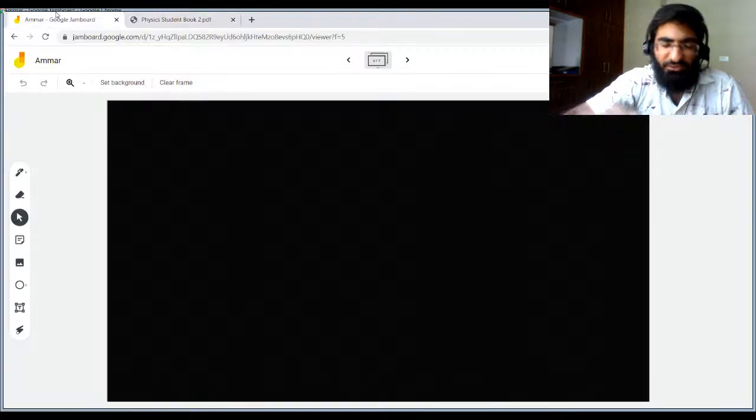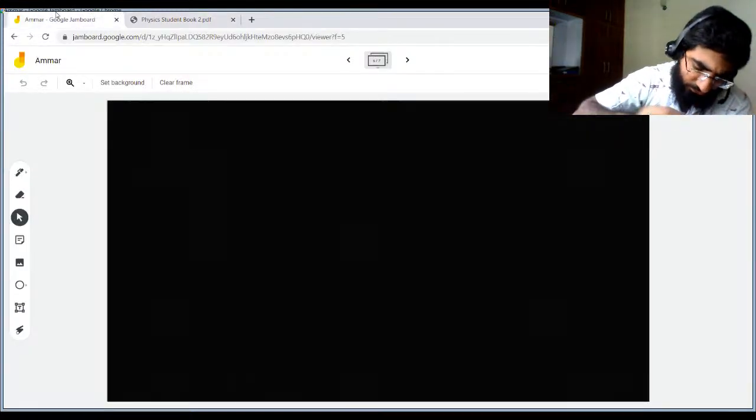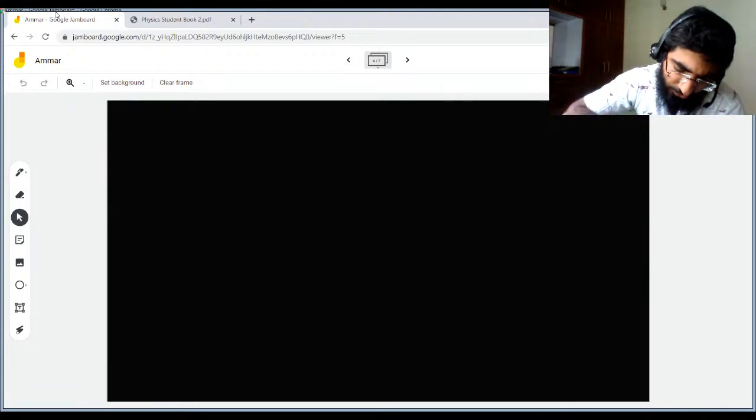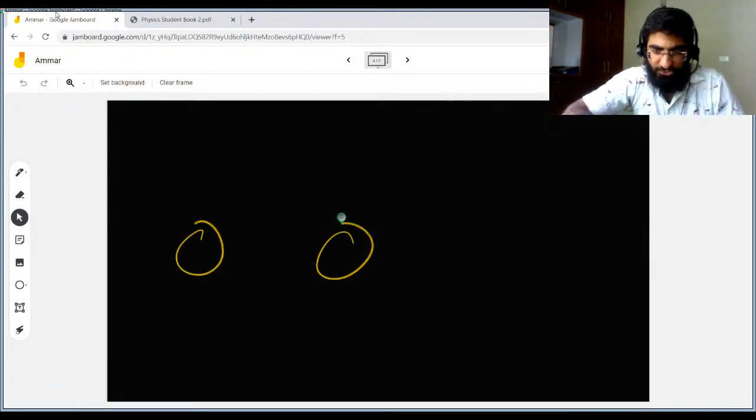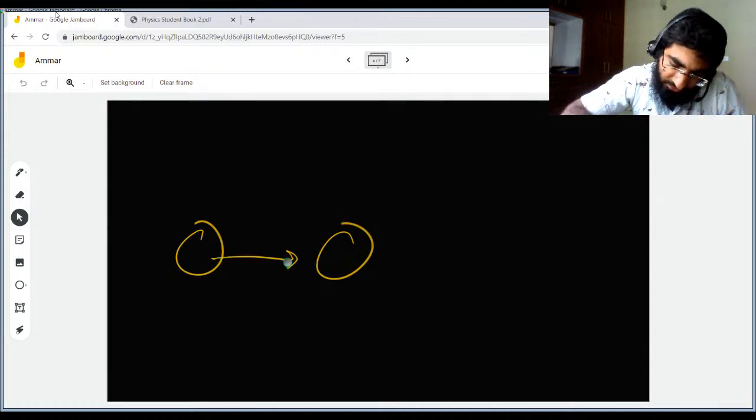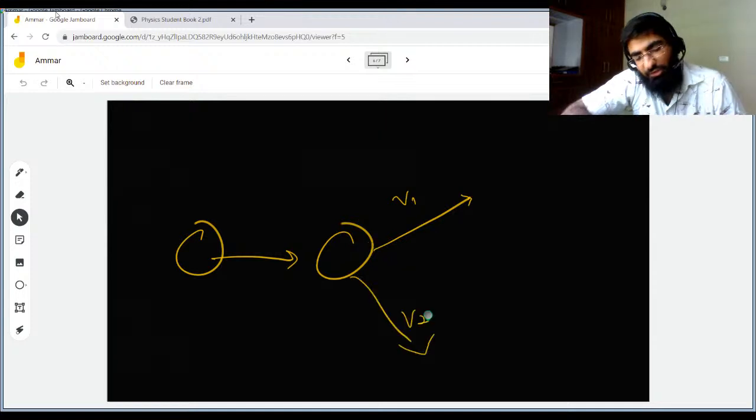Another thing, which I could have told earlier as well. Two balls or two bodies are colliding along the x-axis, and then one moves off in this direction, let's say v1, and the other moves off in this direction, let's say v2. Their momentum before collision was how much?